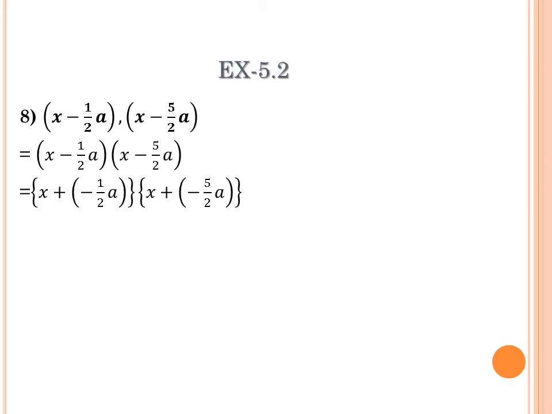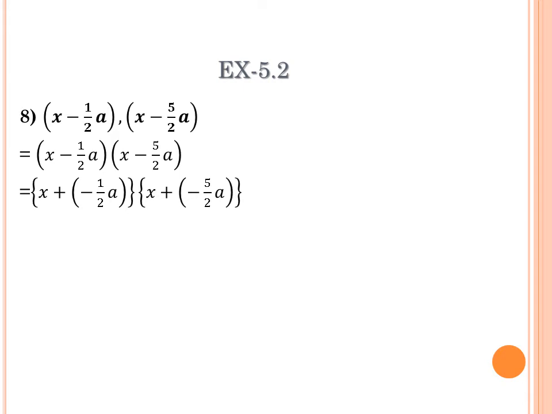Because if we write like this, there will be no change of the value: plus minus would be minus. That's why between this second line and this third line there is no difference, but we can write like this because we have to use formula number 4.